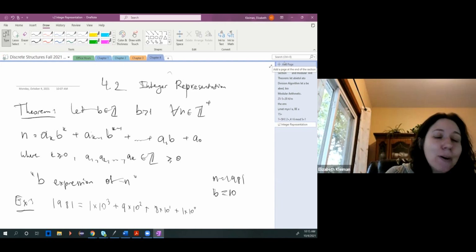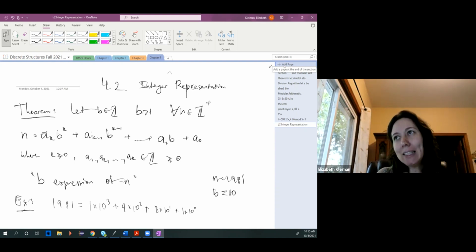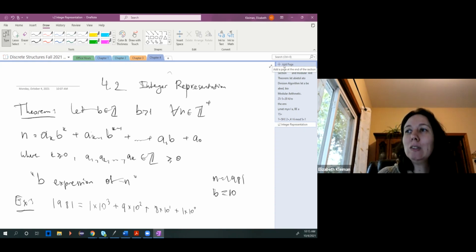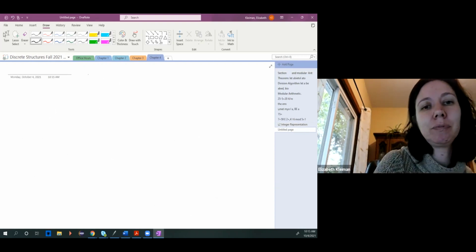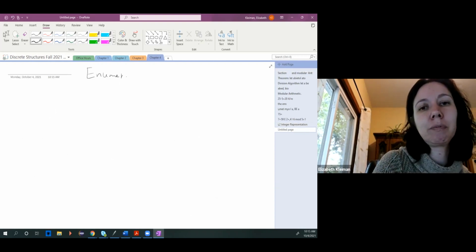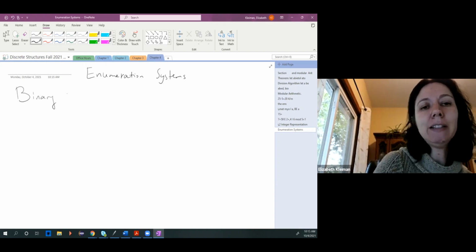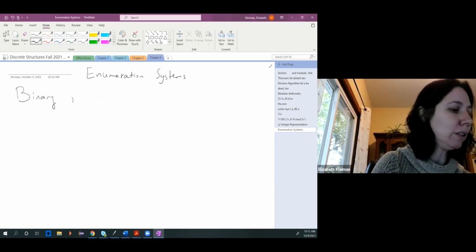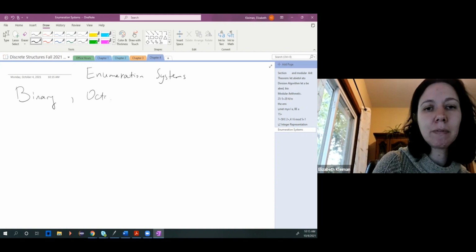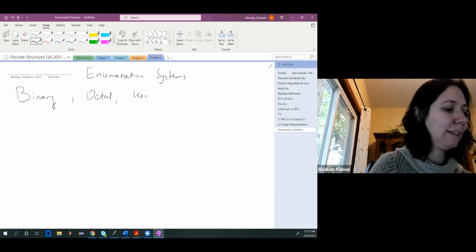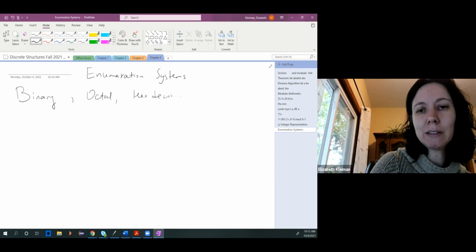And this is important because it brings us to the idea that numbers can be expressed in different bases, so using different enumeration systems. So we are going to talk about binary numbers, octal numbers, and hexadecimal numbers.